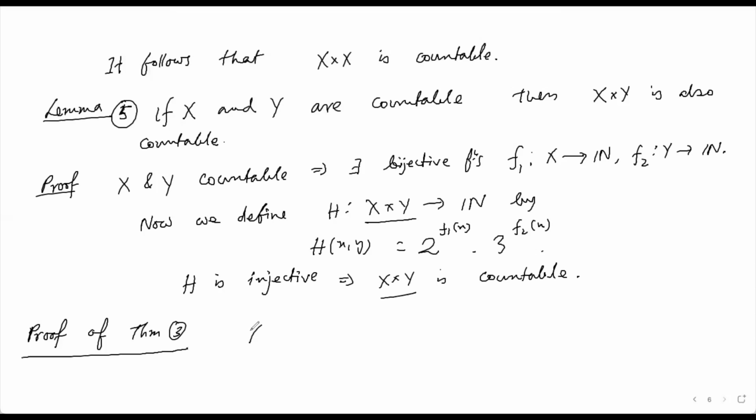So now X1 and X2 countable implies X1 cross X2 is also countable. This is by lemma 5.